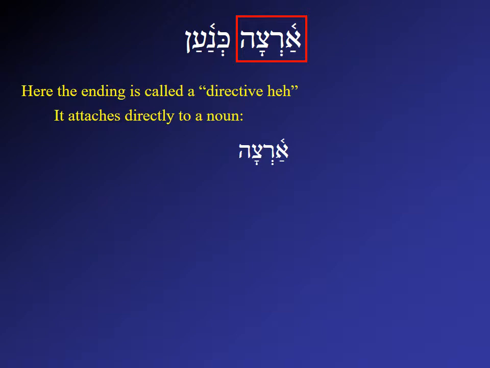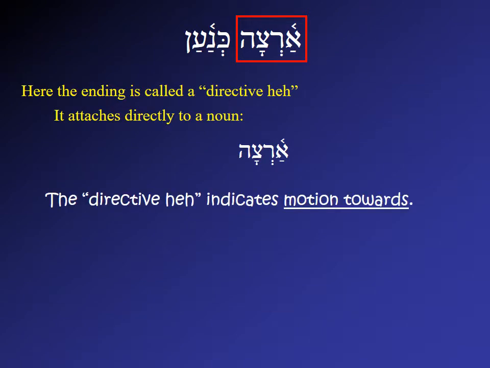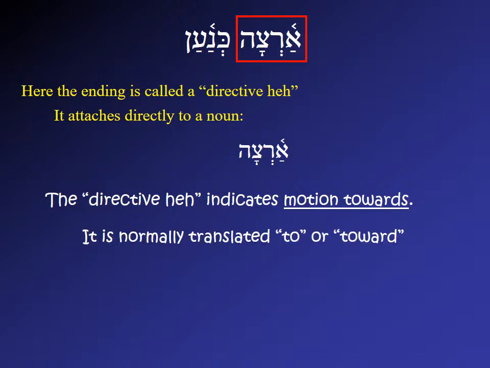When a hey attaches to a noun without affecting the accented syllable, it is a directive hey or a directional hey. And the directional hey indicates motion towards something. So we would translate to or toward and then whatever noun it's attached to. So the word artza in this case would be translated to the land.